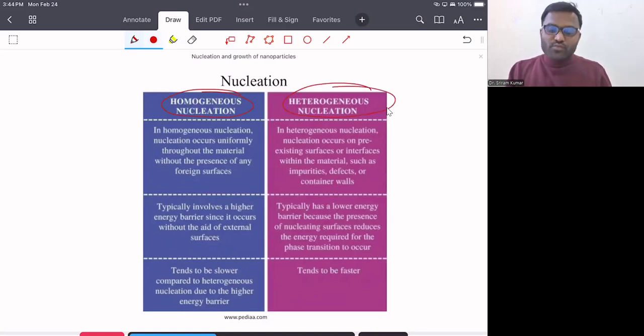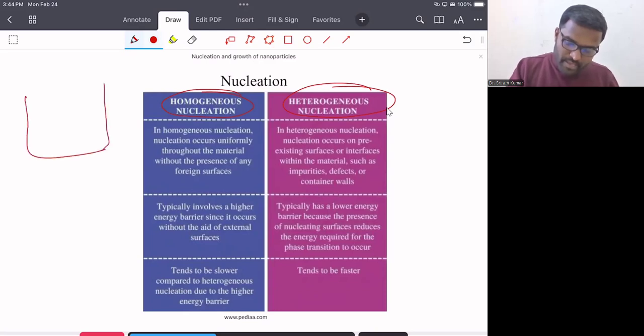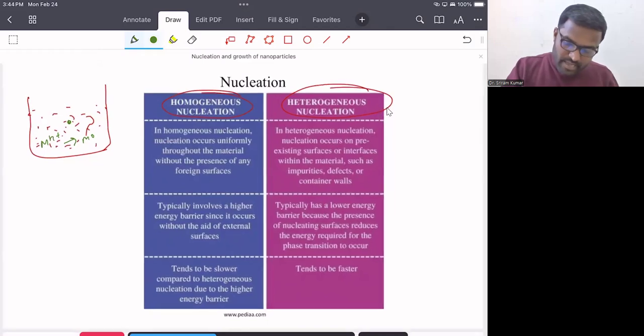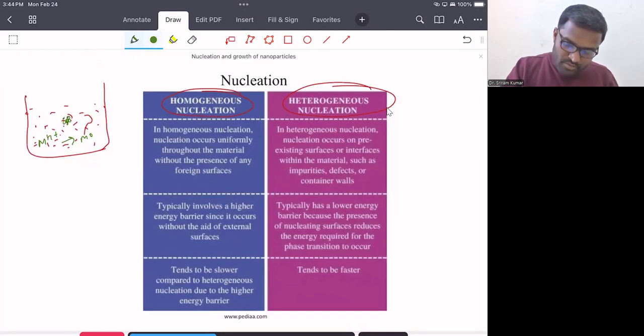In the homogeneous nucleation process, suppose we have one beaker with a solution, and suppose we have Mn, which then forms M0. Suppose there is an atom there and some agglomeration happens here. So there is the growth of the embryos and then further the nanomaterial.